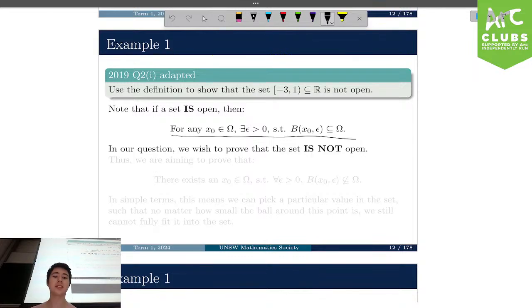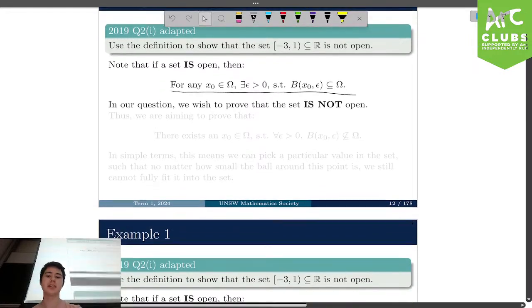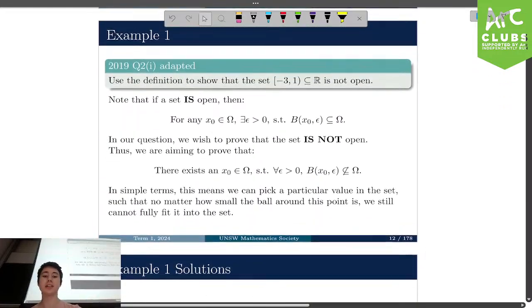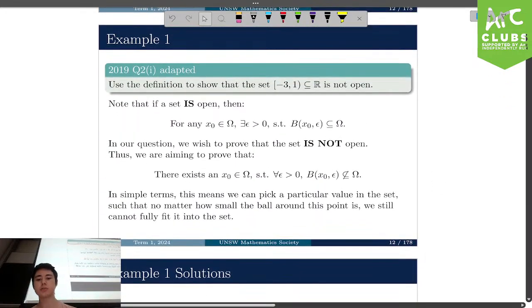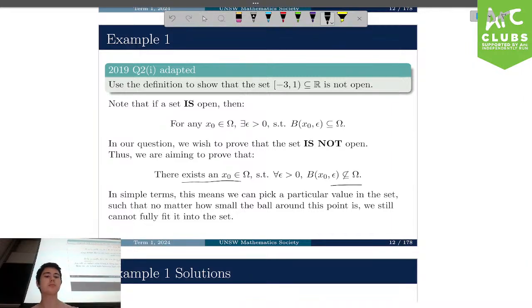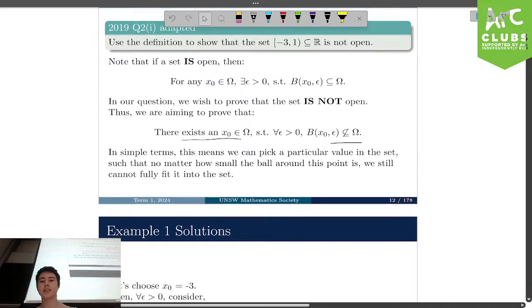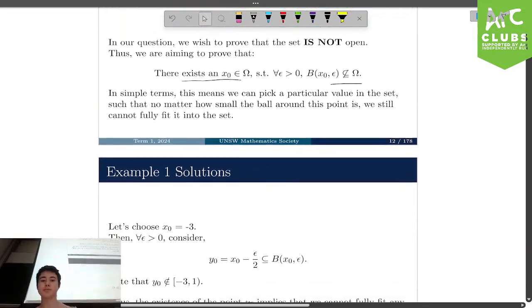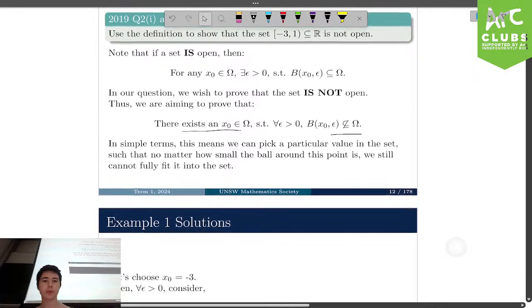Because an open set says that all points are interior points, such that there's some ball that everything inside it fits inside the set. So to prove that it is not open, we need to disprove it. So we prove that there exists some of it that's not inside, okay? And that's going to be for all size balls.